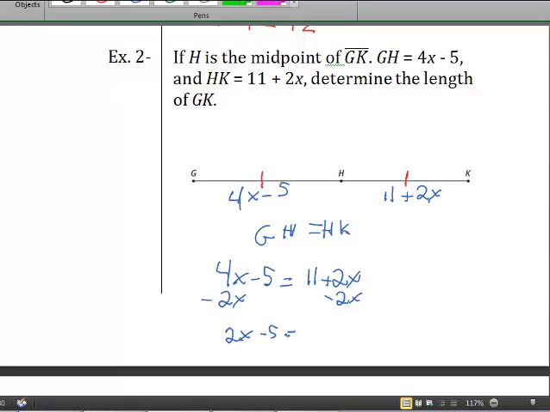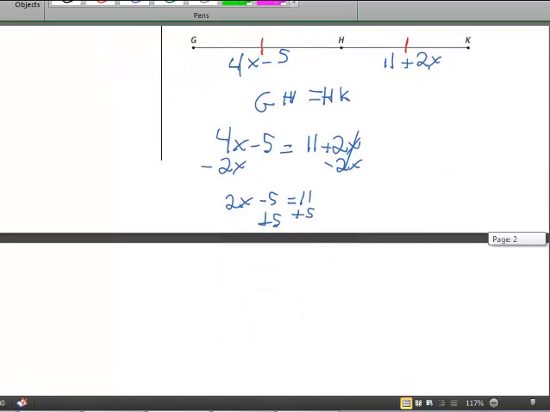I don't know why my equals keeps getting erased. All right, then add 5 to both sides. 5's cancel out, so I have 2x equals 11 plus 5, which is 16. And then lastly, divide by 2. So I get a value of x equals 8.